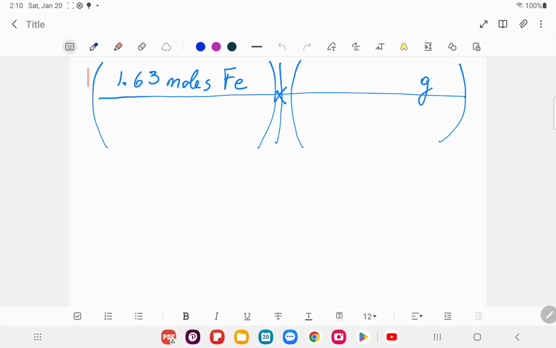So this is what I gave you. So this is the given. This is always a 1, just to hold the place for the fraction. And then this instead is what the periodic table gives you. So this is the adjustment, which is equal to what the periodic table gives you.